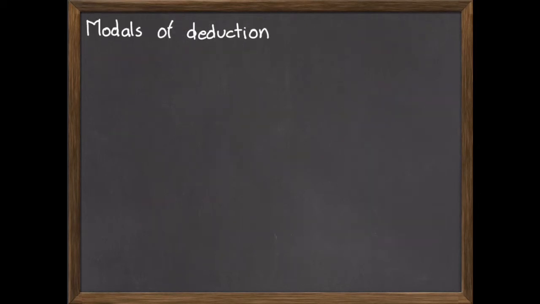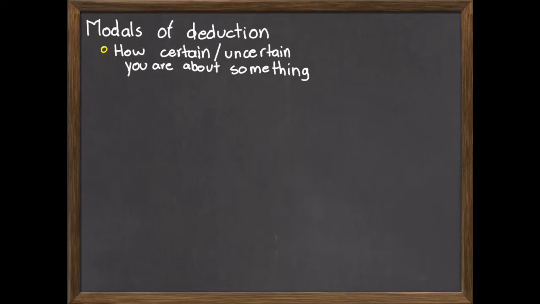Now let's look at modals of deduction. Modals of deduction tell us how certain or uncertain we are about something. So we have different levels of certainty, how sure we are of something. We're certain it is, we're certain it isn't, and then there is the middle. For a high level of certainty, we use "it must be."